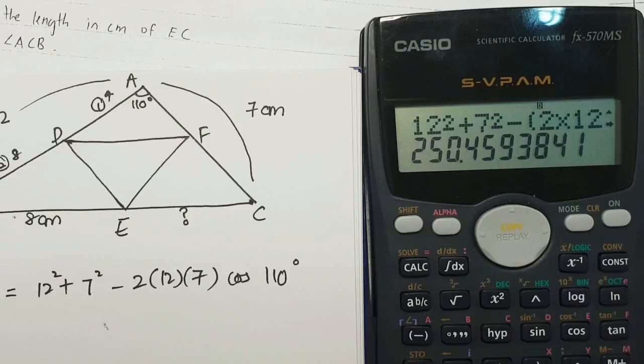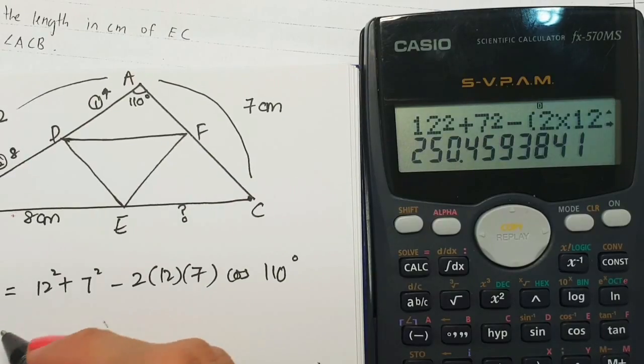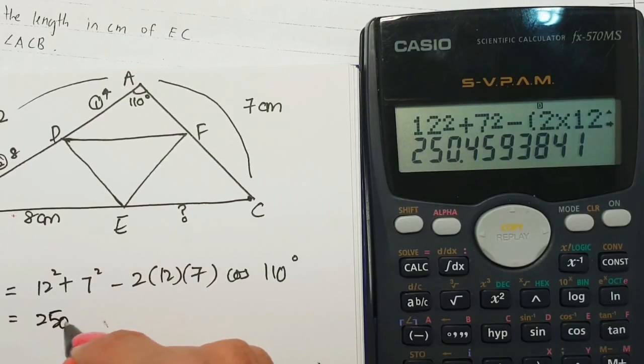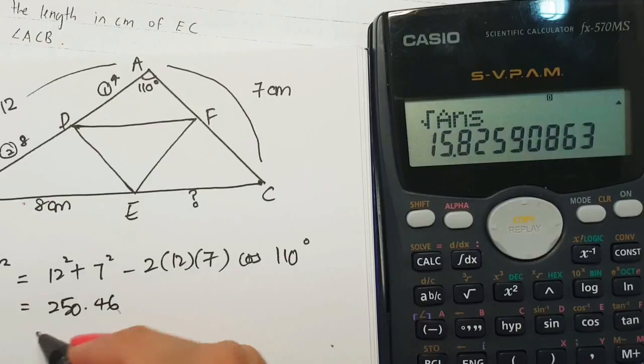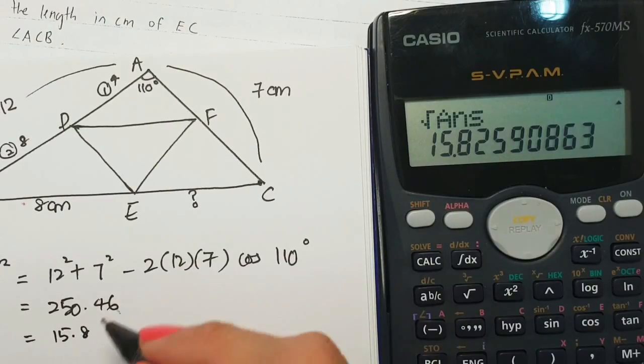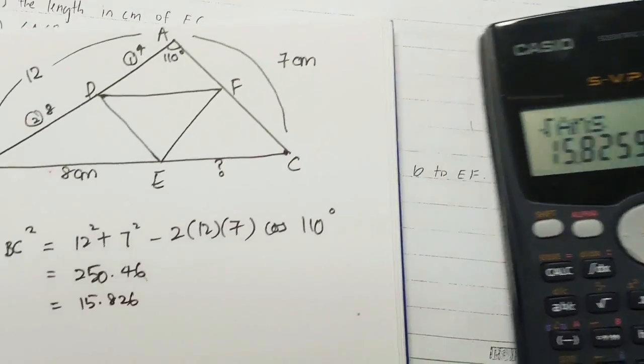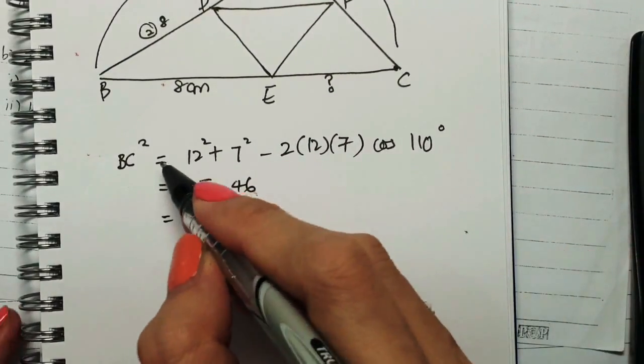And that will give us 250.46. Now let's square root it. We will have 15.8259, so 15.826. Now from here, this is BC.